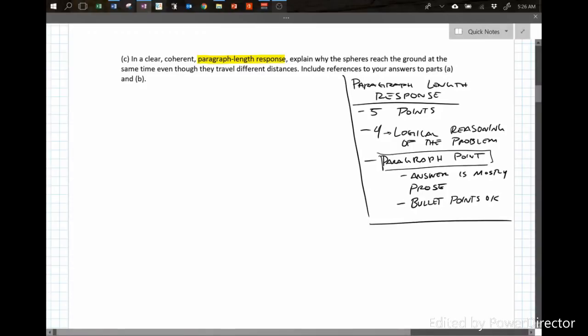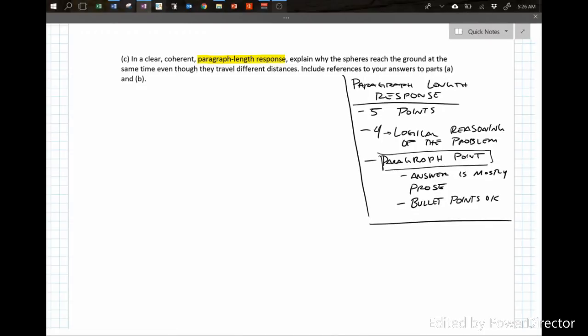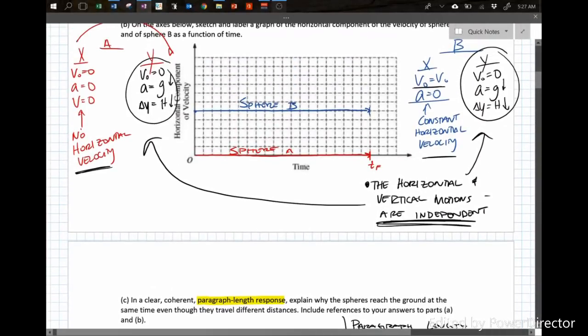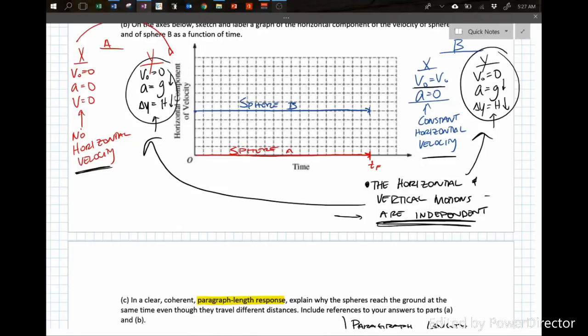Now, it's important to answer the question before you begin doing the paragraph stuff, right? So looking at it, we've already answered the question. We talked about the why stuff, how all the why stuff was the same, and we talked about how the horizontal and vertical motions are independent from one another. But when we do paragraph length responses, it's not going to be enough to just say they've got the same why stuff, so they have the same time.